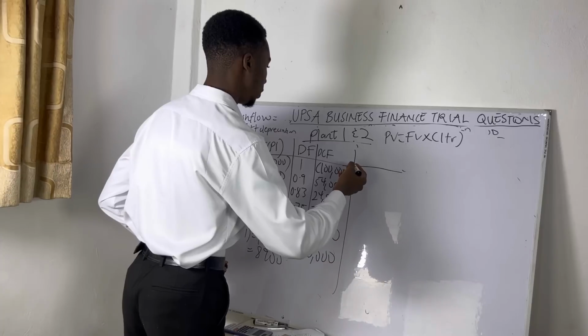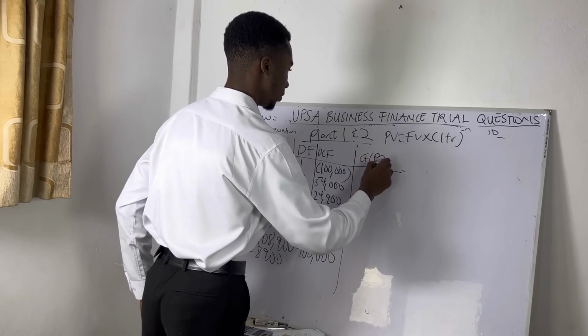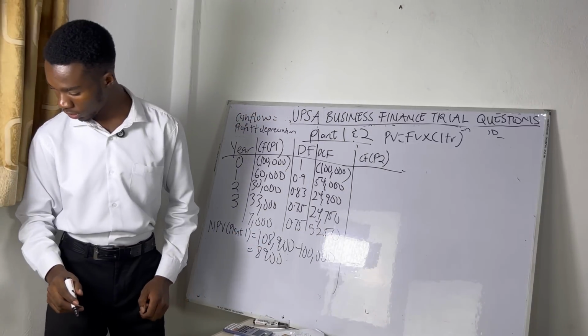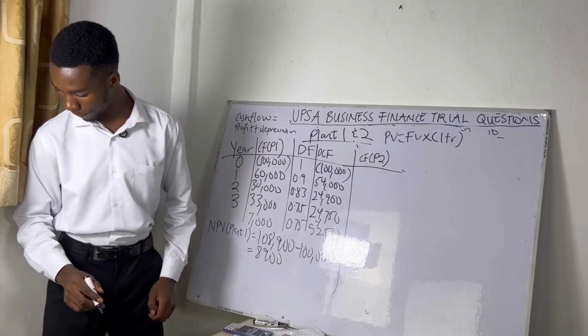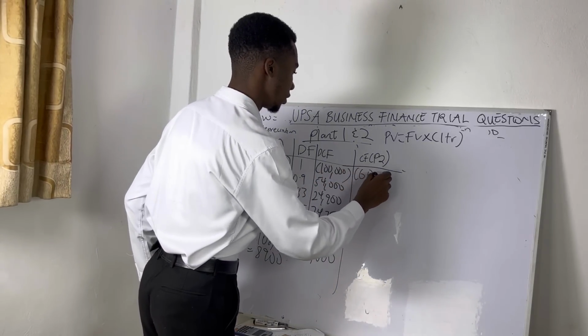For plant 2, we use the cash flows. When we calculate the cash flows for plant 2, we invested 60,000 cedis.